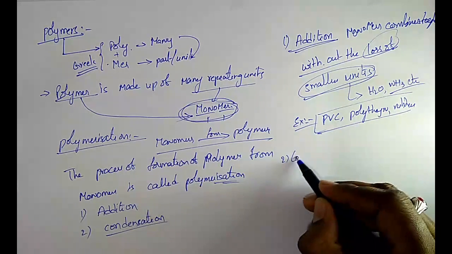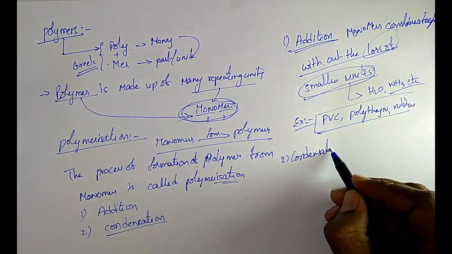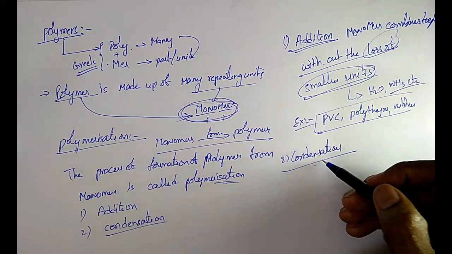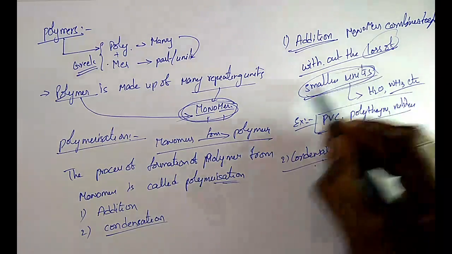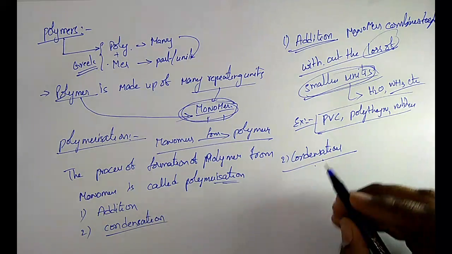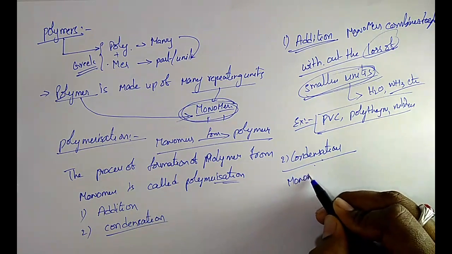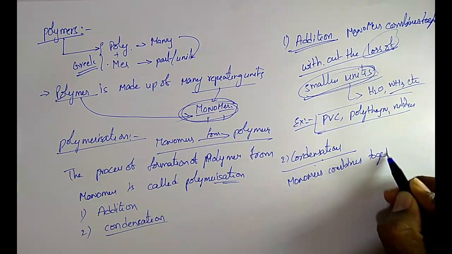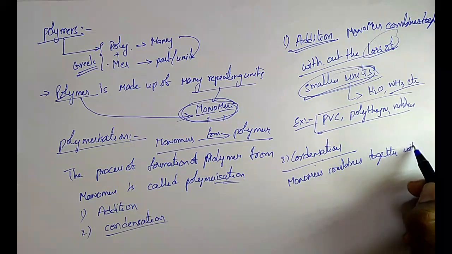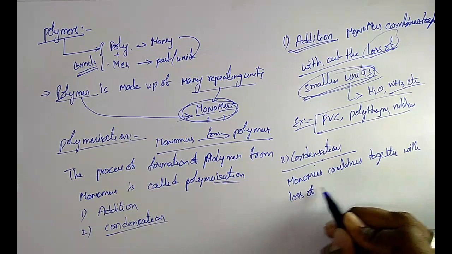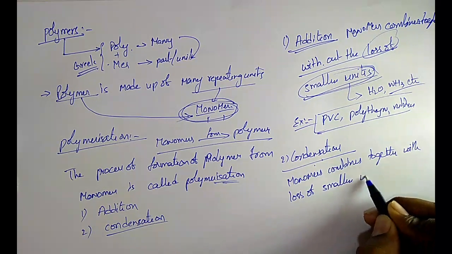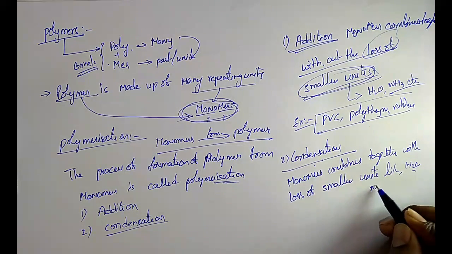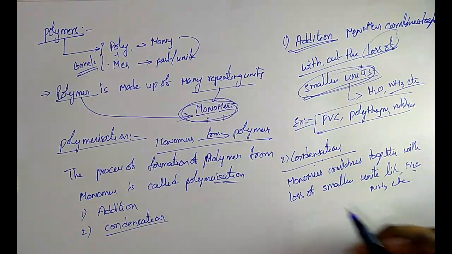And second one, condensation polymerization. In this, the monomers combine together with the loss of smaller units, like water, ammonia, and so on.